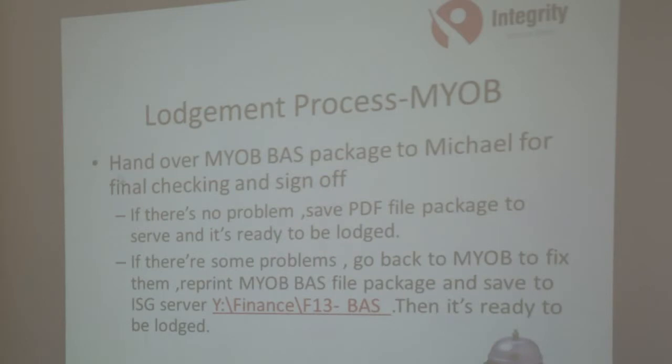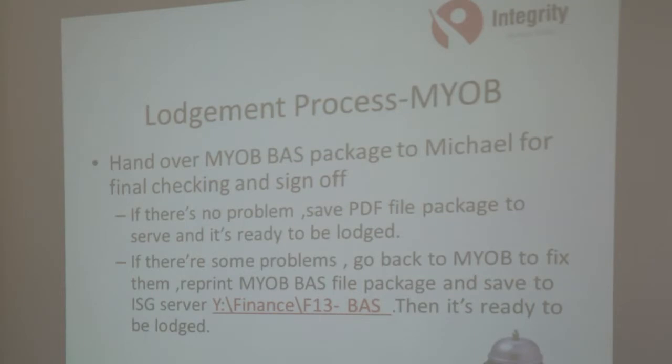So we keep going. After people generate a report and they check it themselves, no matter who, you hand over this package to the manager to check it again, and then sign off. Because we have another person to check it as a double check. If there's no problem, that's good. We're ready to go.